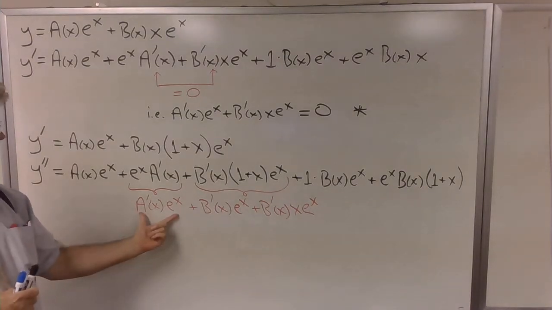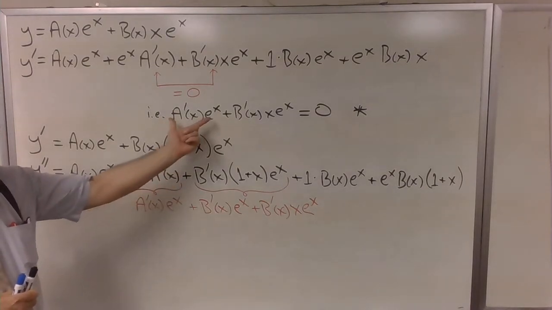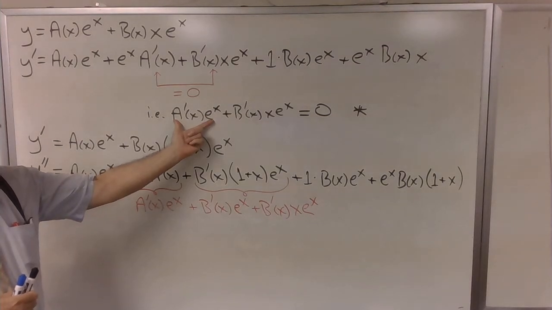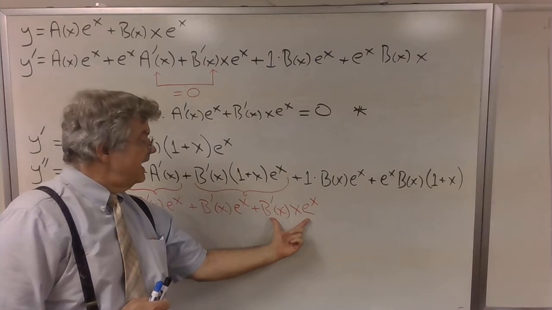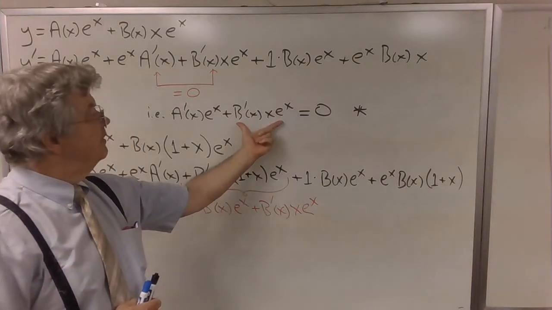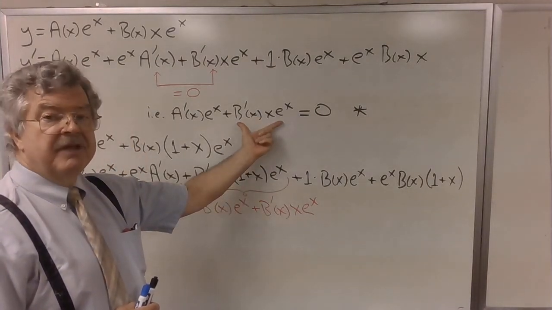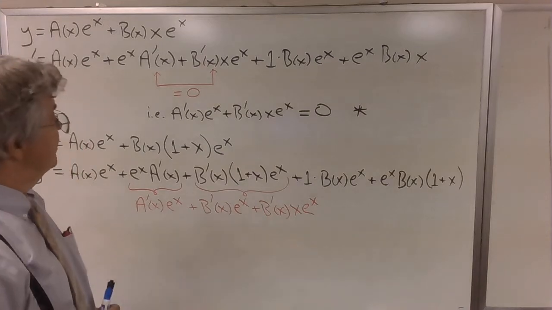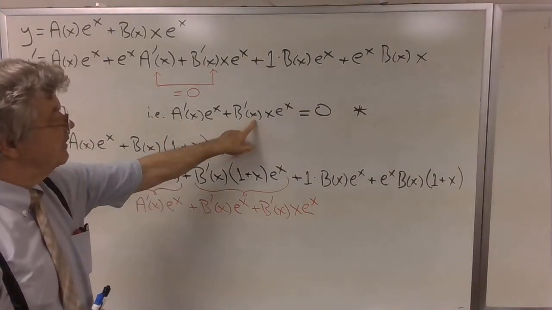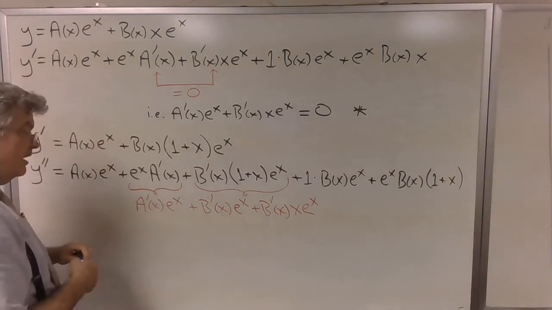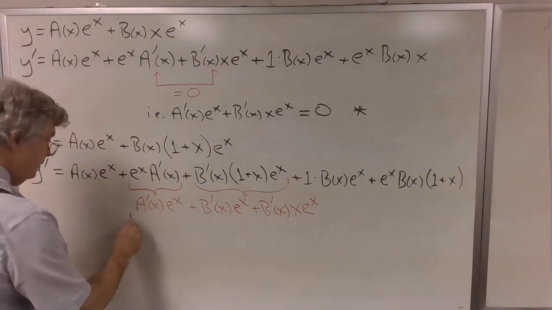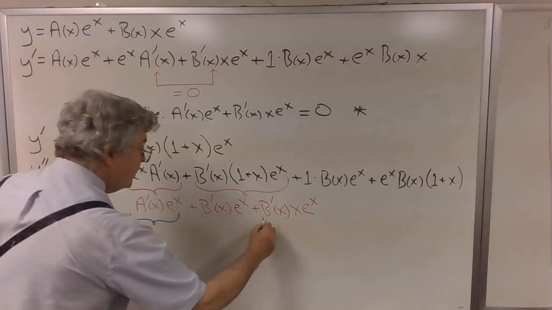A prime of x e to the x and b prime of x, x e to the x: the sum of these two things is 0.